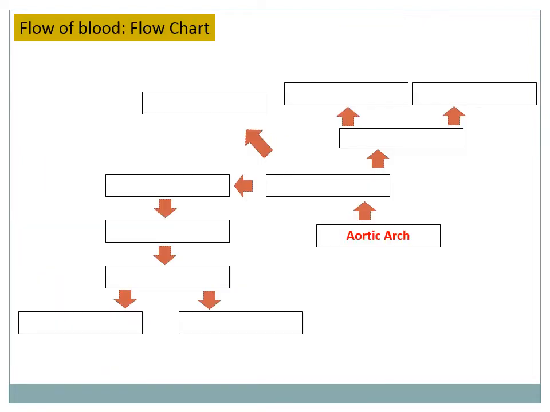All right, so we have our flow chart. We're going to start at our aortic arch. We are only looking at one branch off the aortic arch right now. On the right side of your aortic arch, you're going to have the brachiocephalic artery coming off. The brachiocephalic artery is going to branch into the right subclavian.